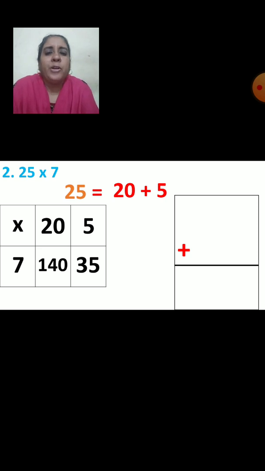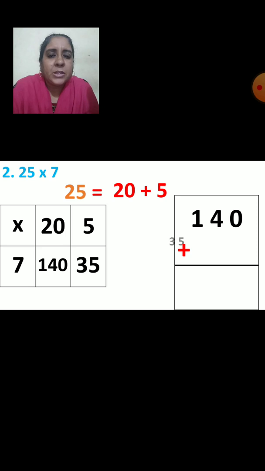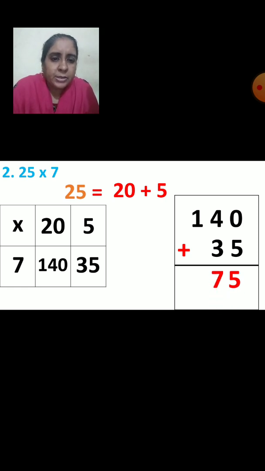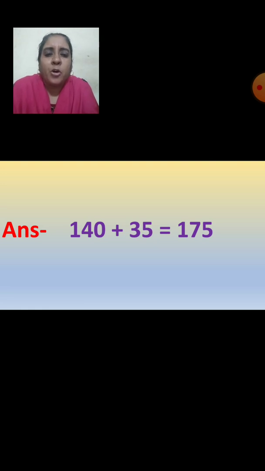So you will write 140 plus 35. Now you have to add it. Now 0 plus 5, 5. 4 plus 3, 7. And bring that 1 down. Very good. What did you get? 175. So your answer is 140 plus 35 equal to 175. This is the way you are going to do the sum.